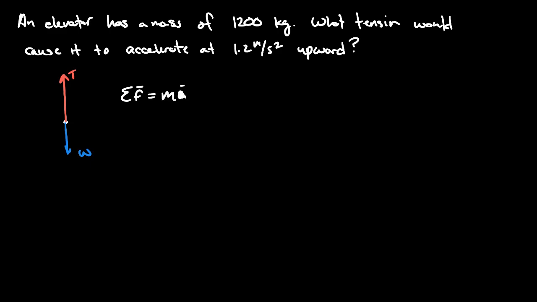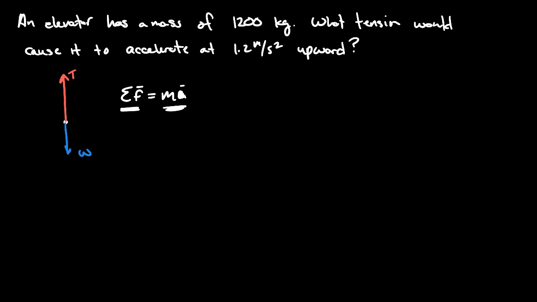It's a set of instructions that tells me how to handle this problem. It says add up all the forces and set them equal to ma. When I do that, I need to take their direction into account at this moment, the moment when I'm adding them up. This is different than your book.